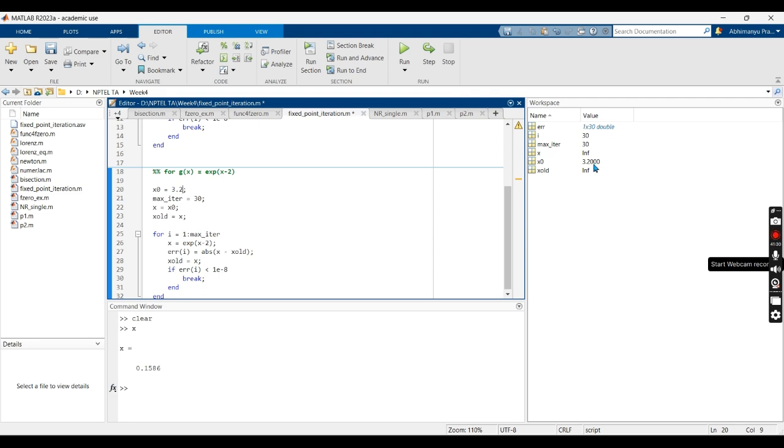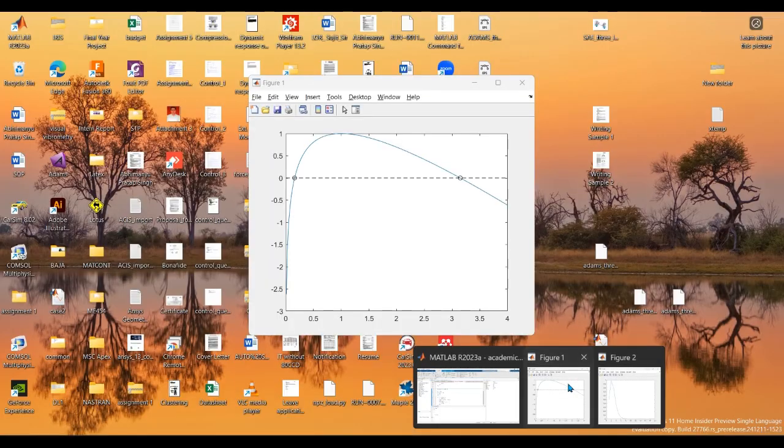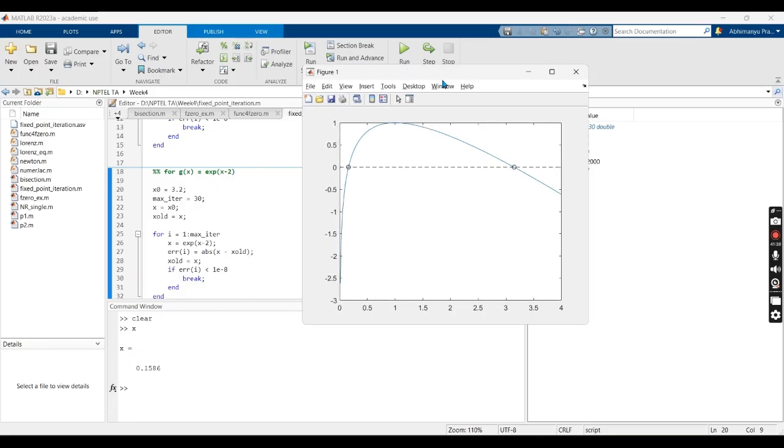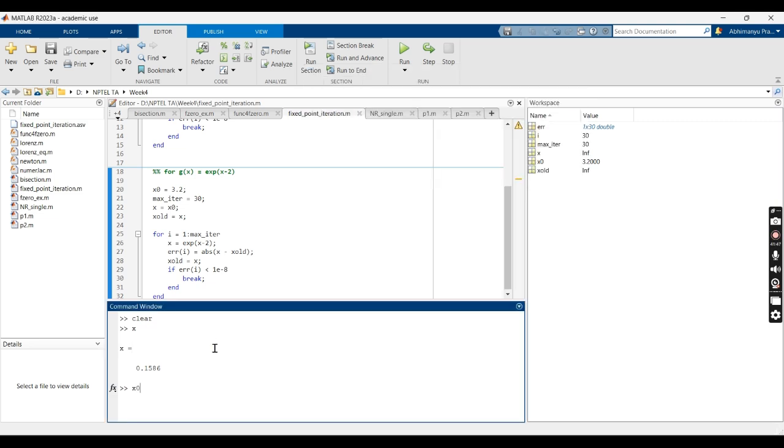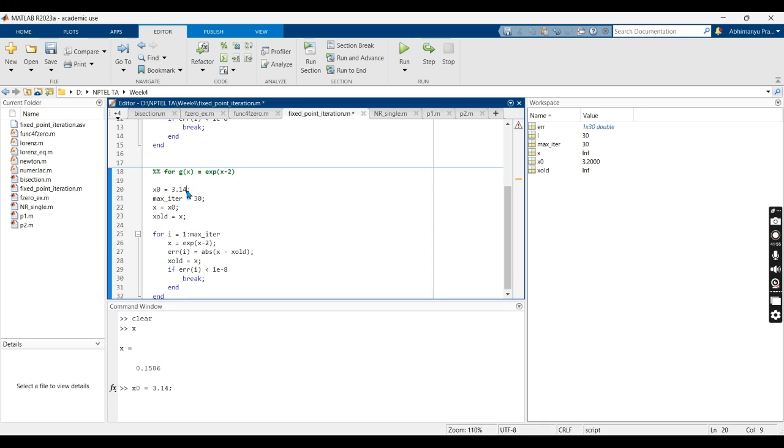then the iterations diverge. So it goes to infinity. Why is that happening? Let me take x0 as 3.14. Check first.